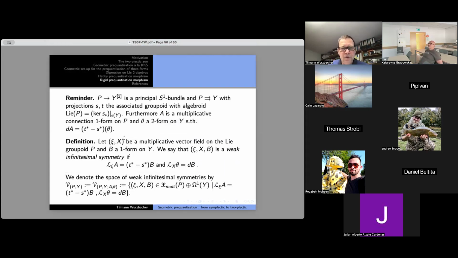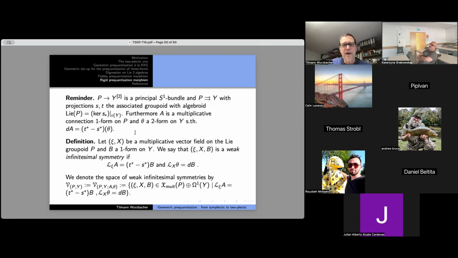So now you want to define what is the symmetry or an infinitesimal symmetry of A, or of A and theta. So you take a multiplicative vector field, because you have the A which lives upstairs, and you have the theta which lives downstairs on Y. And then it's natural that a symmetry is a couple of vector fields, one upstairs and one downstairs.